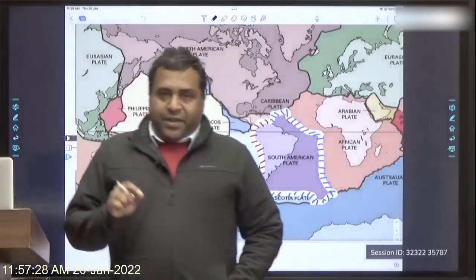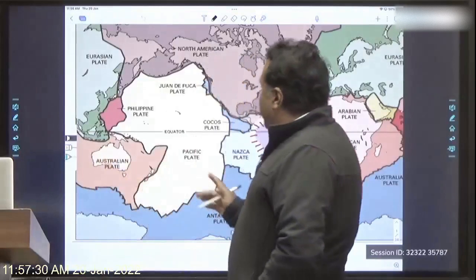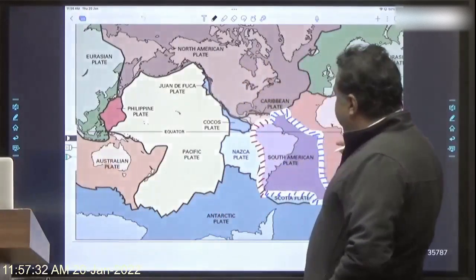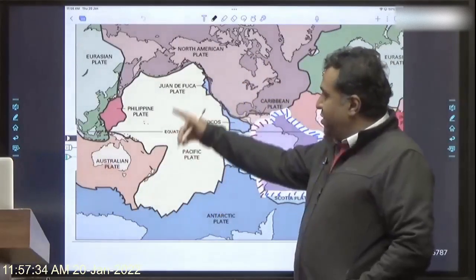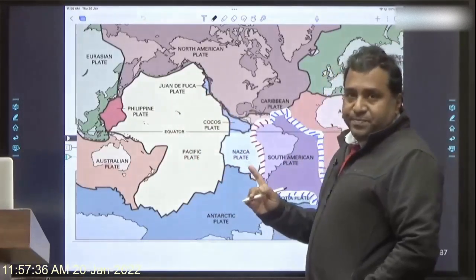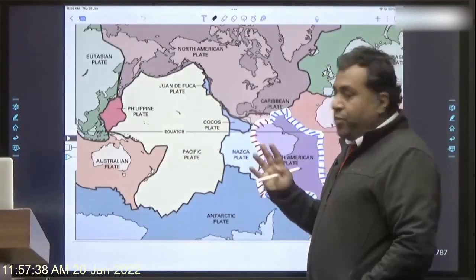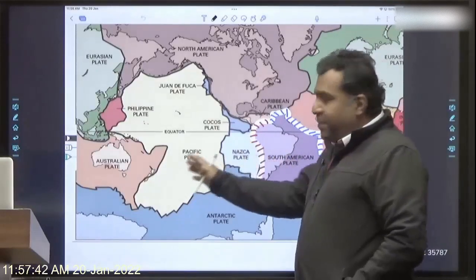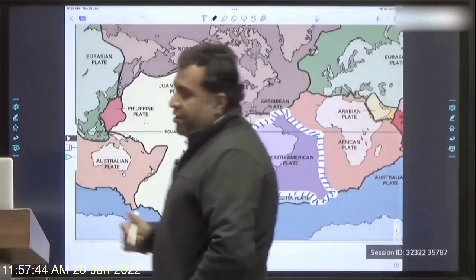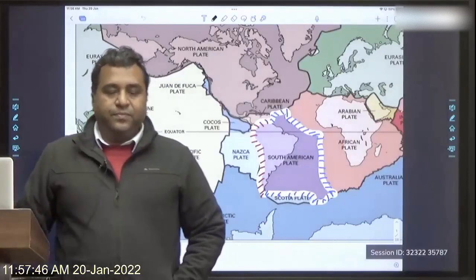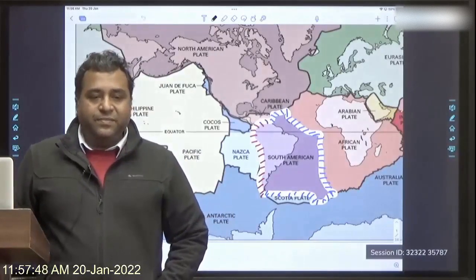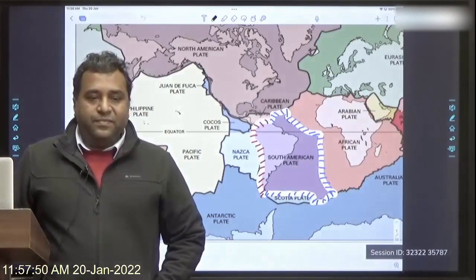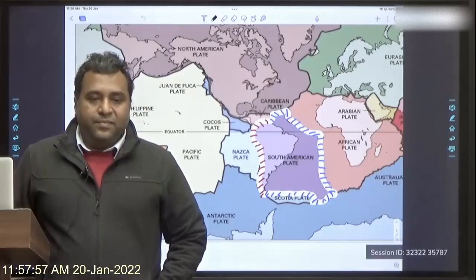That's why in the beginning when I was showing you this map, I told you in this the continents are given and then the blocks are given. Those blocks are plates. Okay, so you have to be carefully looking into the atlas or this map. Where is the ocean part? Where is the continent part? Then you can answer. Okay, and you have to see where is the margin.